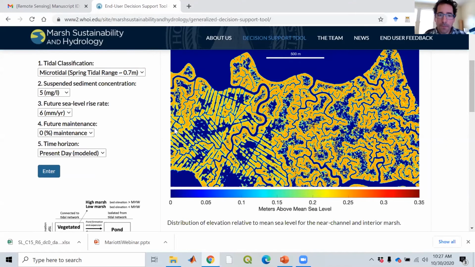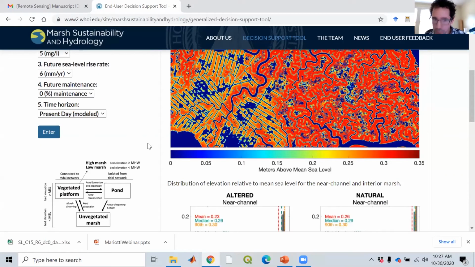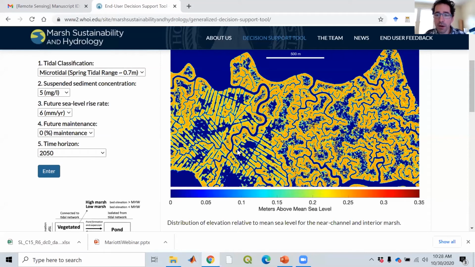So if tidal range is small and sediment supply is small, even if you don't maintain the ditches, I think you're talking about ditches that are not maintained. This is present day, this is the future. You see the pond area is enlarging. So in general, there is a threshold below which the ponds tend to recover, but when you're in that regime, it doesn't really matter what you do.